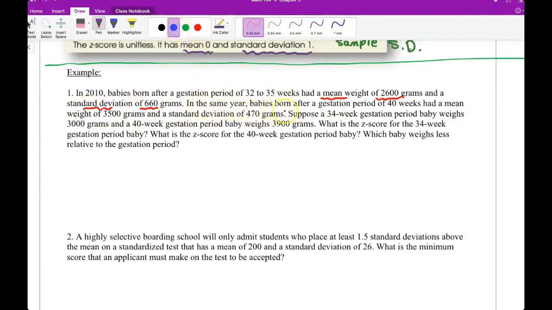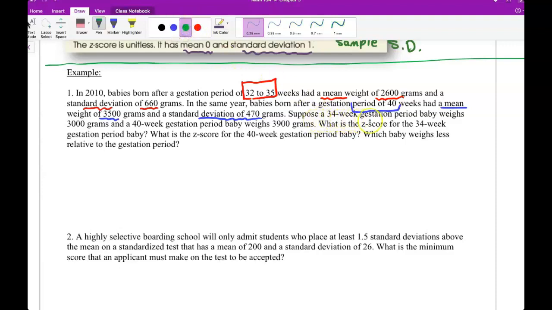In the same year, babies born after a gestation period of 40 weeks had a mean of 3,500 and a standard deviation of 470.